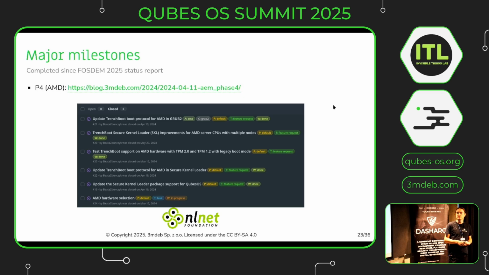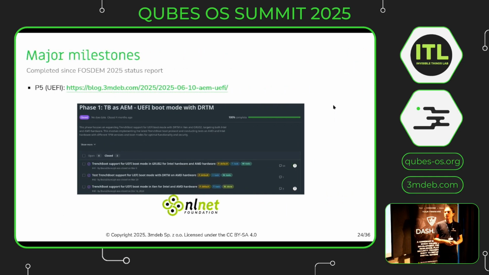So we have support for the older AMDs integrated with this new approach. And most importantly, we have the UEFI support, which was lacking last year. So the hardware compatibility right now should be greatly improved because it's mostly UEFI today.